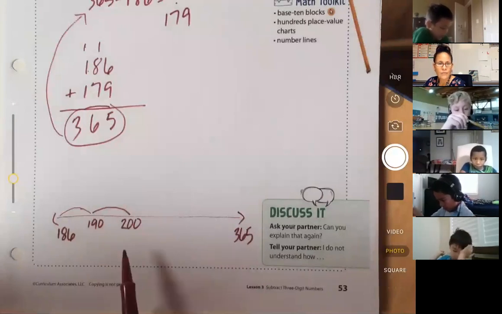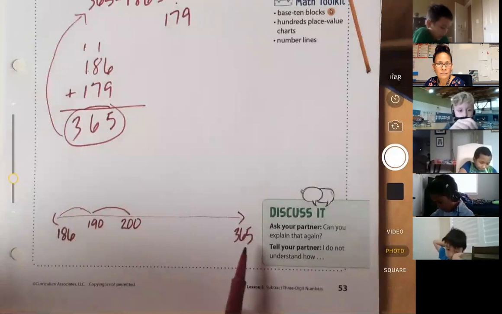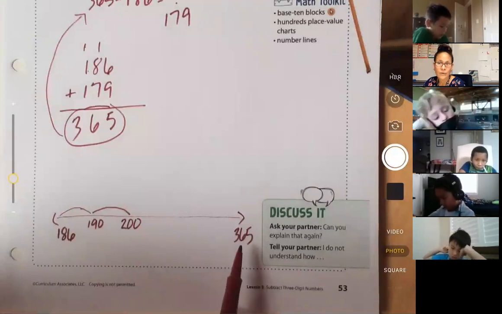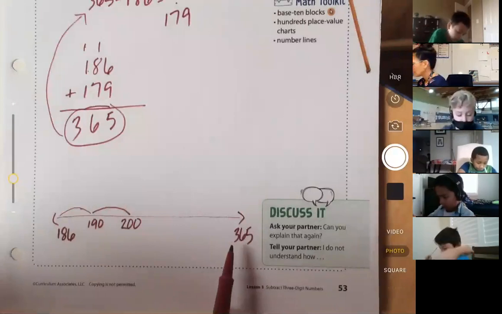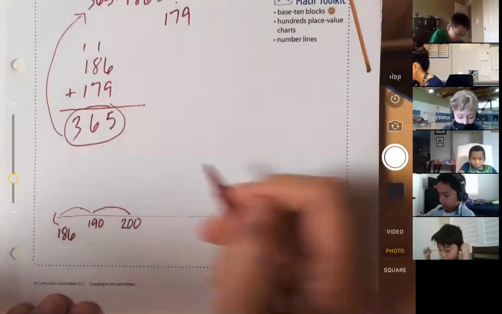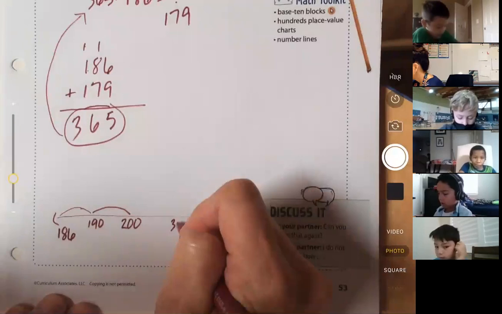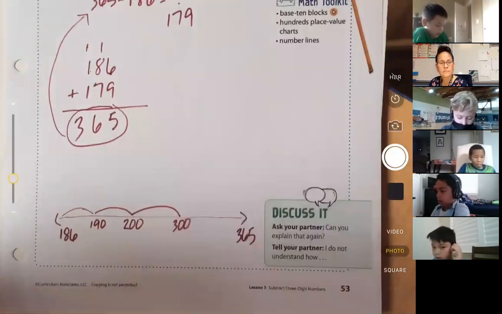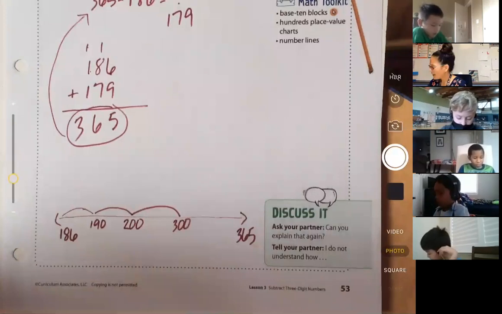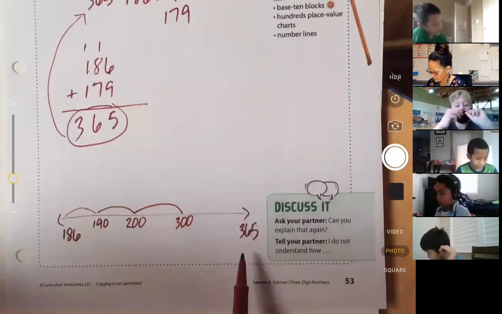So I could go from 200 to 300 because the number I'm looking for is above 300. So it's at least one more 100. So I could go another hop, right? But now I need to get to 65.